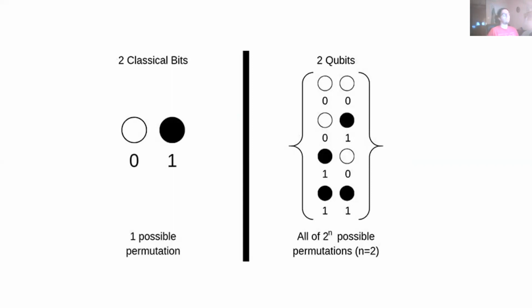On one side, you see the demonstration of two classical bits, 1 and 0, which means that you have one possible permutation.